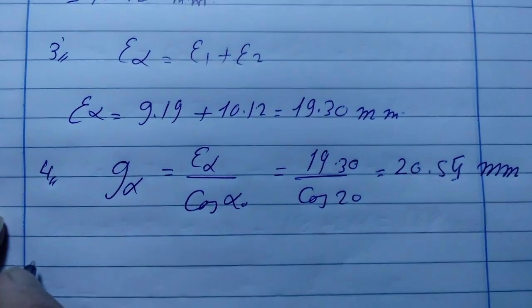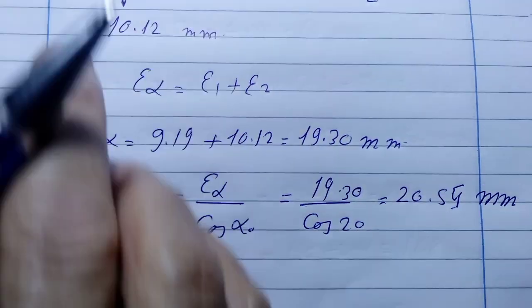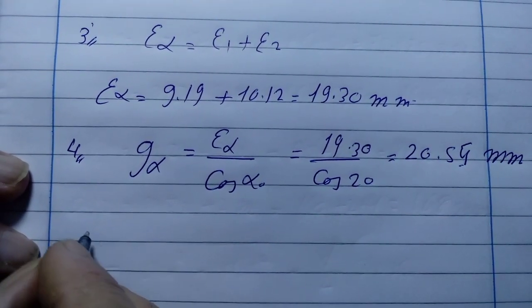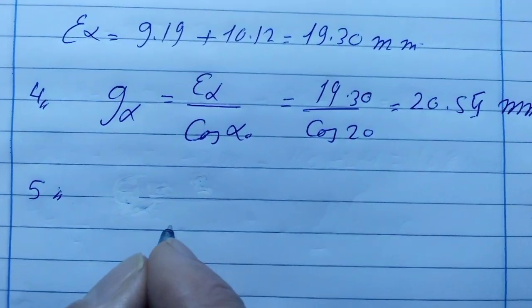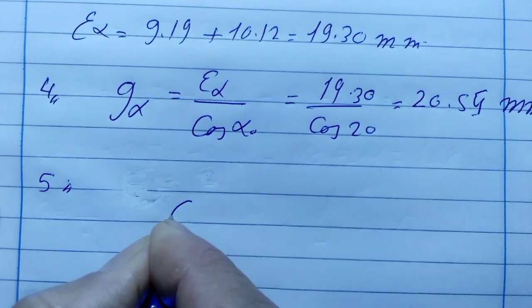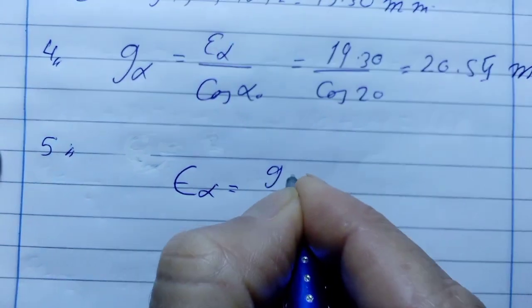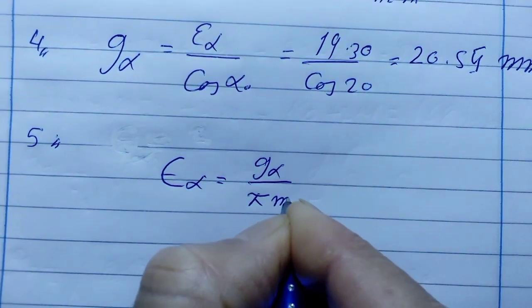Okay, now what we need more is the contact ratio. The contact ratio epsilon alpha is J alpha divided by pi m.